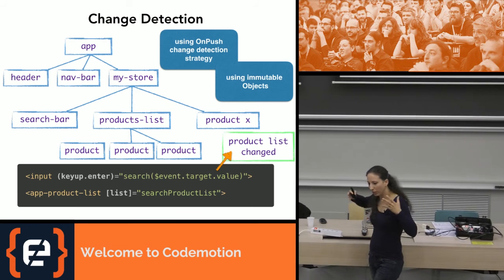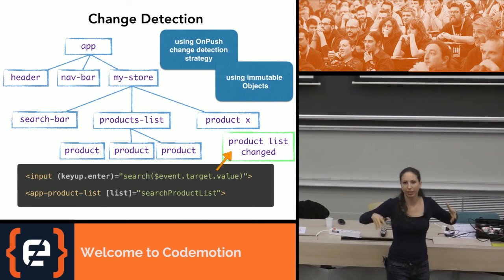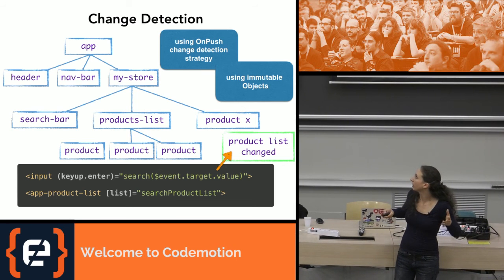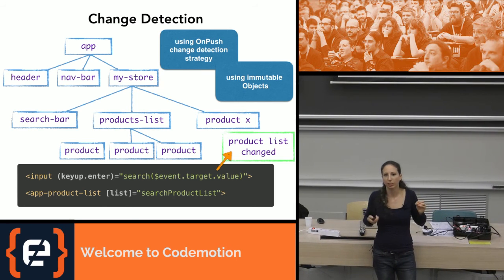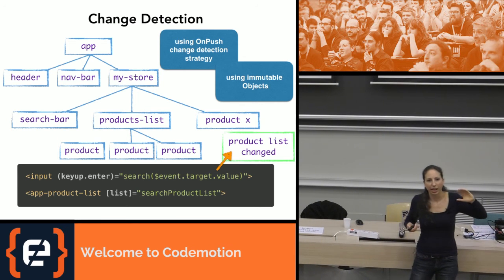Okay, and you can also use it in a better way, which doesn't go through the whole tree of your components. If you're using the OnPush strategy and you're using immutable objects, then Angular will know that only if the data that you passed as an input to a component really changed, the reference to it really changed, then only then it will go through this component and look for changes.